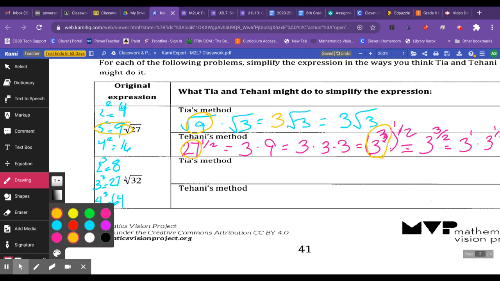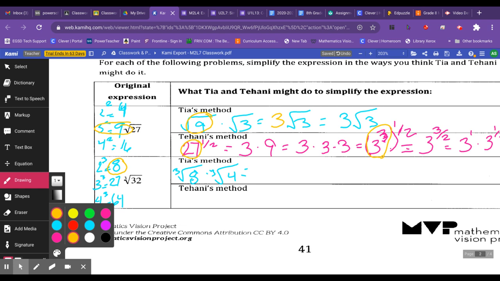So which of these goes into 32 evenly? 8 does. So I'm going to put the cubed root of 8 times 4, because 8 times 4 is 32. So I'm going to split those two up.